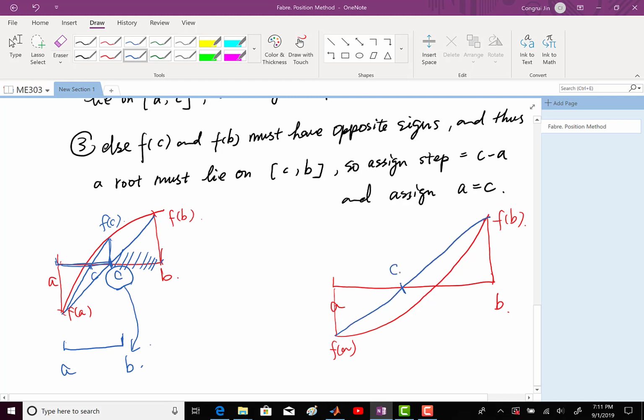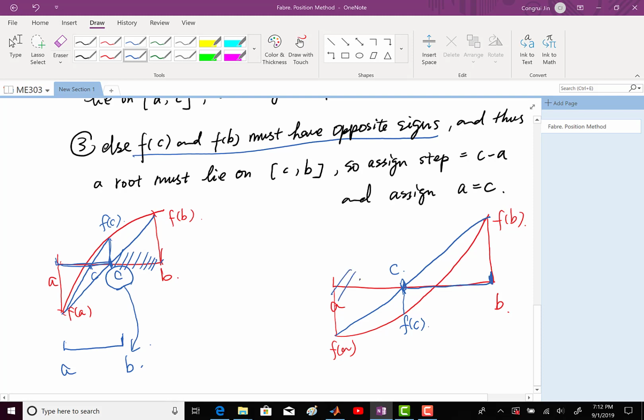And then there is an intersection point with the x-axis, which is C, right? So we can evaluate the function value at the point C, FC. In this case, you can see FA and FC are both negative, right? But FC and FB have opposite signs, right? So if this happens, we know that the root must be in the interval from C to B, right?